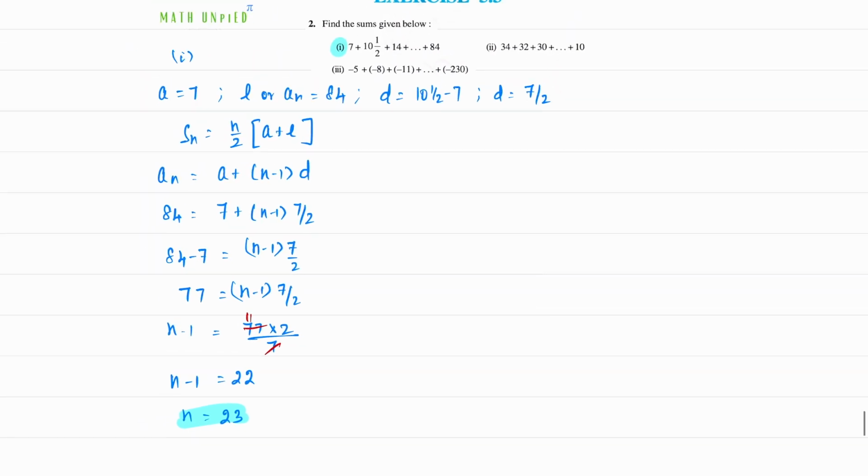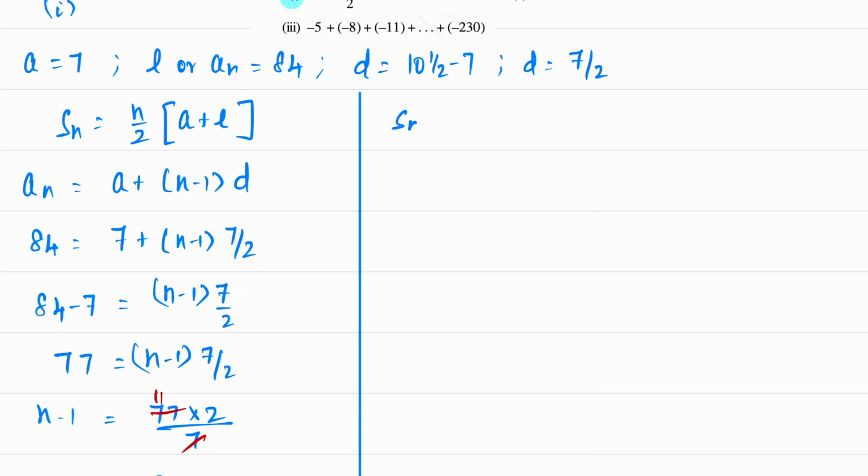Now we can apply the Sn formula. Sn equals n over 2 times (a plus L), and we know n is 23. So S23 equals 23 over 2 times (a is 7 and the last term is 84).